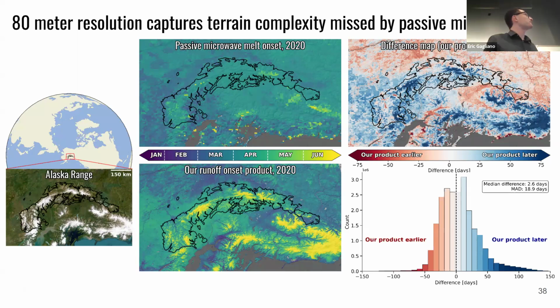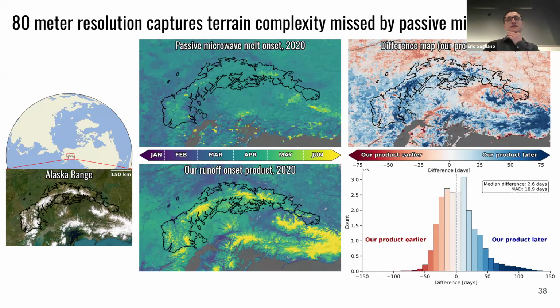But you can see that there's a lack of variability in melt timing with elevation where the mountains are. But our 80-meter product is able to capture those variations, as you can see in the center bottom plot.